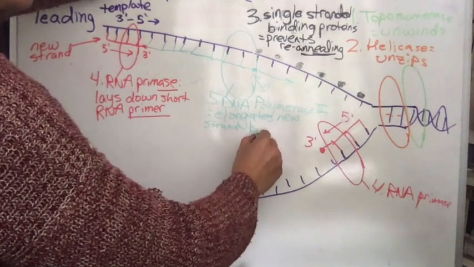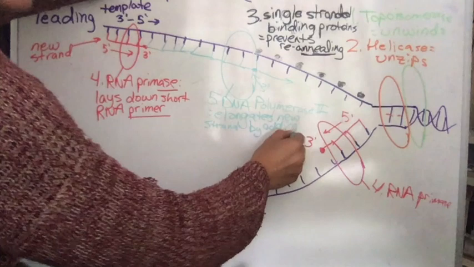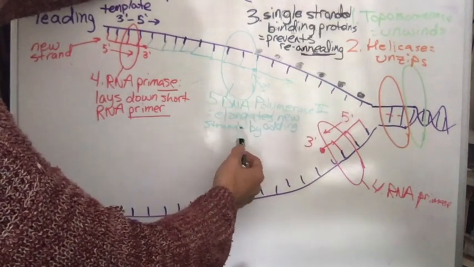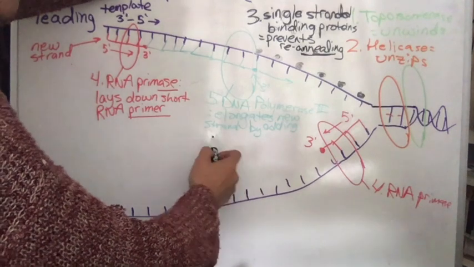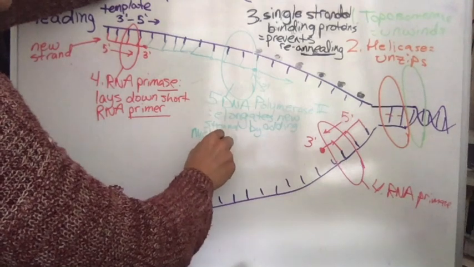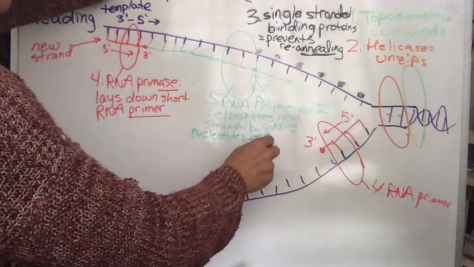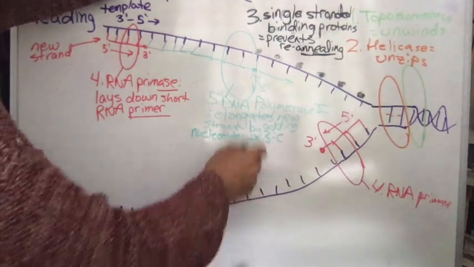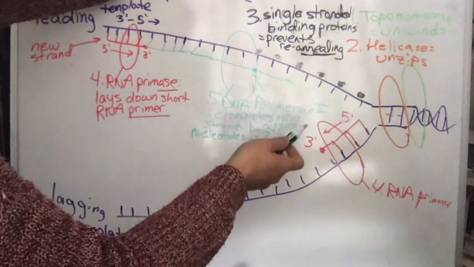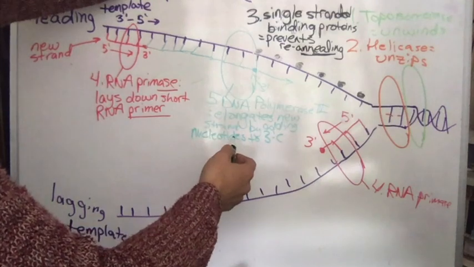So you can kind of see that DNA polymerase 3 elongates the new strand by adding nucleotides to the 3' carbon. All right, so it always requires that 3' carbon and continues to elongate by adding new nucleotides to that 3' carbon. And this is how you get those complementary nucleotides bound, right?